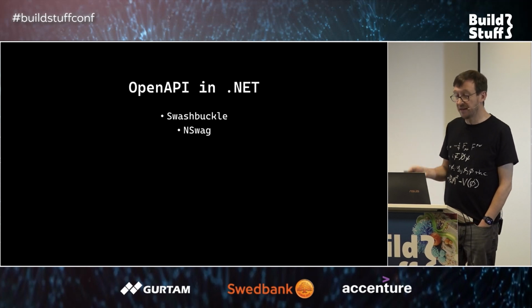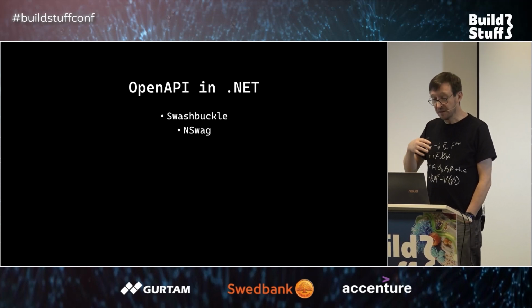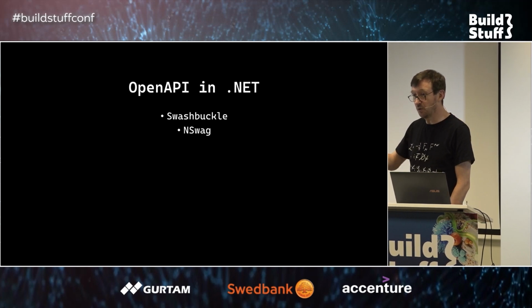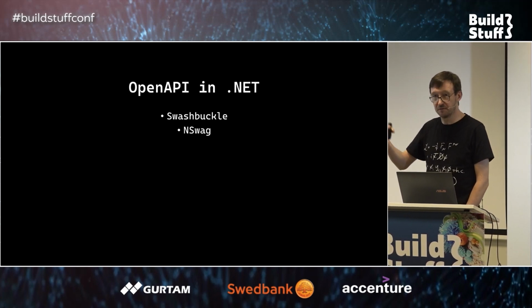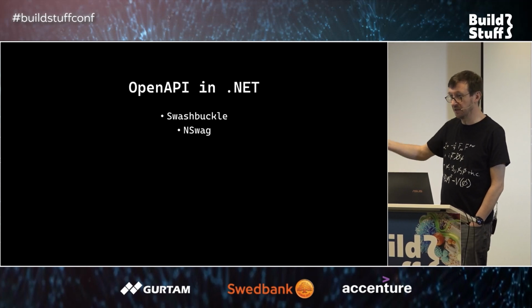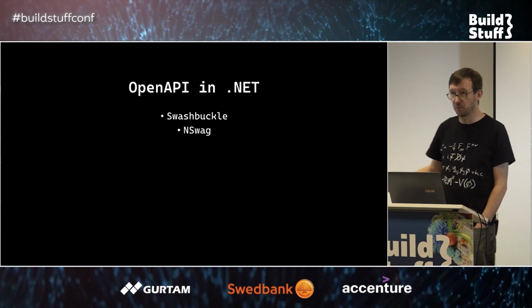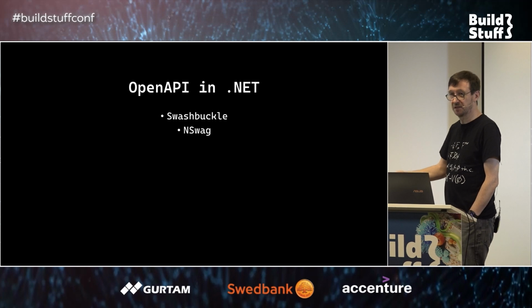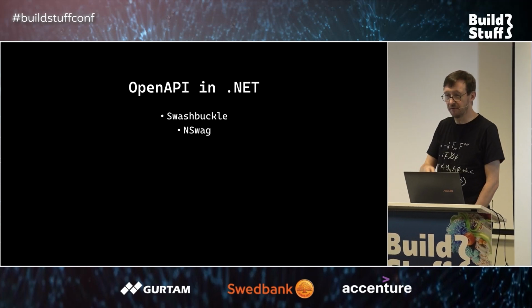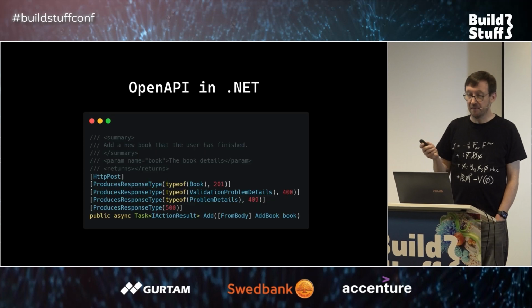But there's also NSwag. And what these do is you decorate your code with attributes and bits and pieces, and then at runtime it goes and analyzes using a built-in thing called the API Explorer, and it generates OpenAPI.json files, which you can then serve through the Swagger UI.